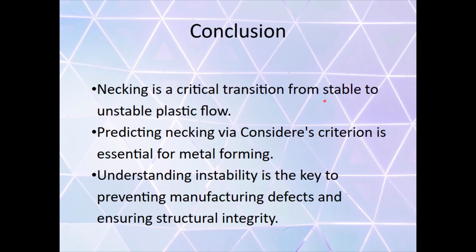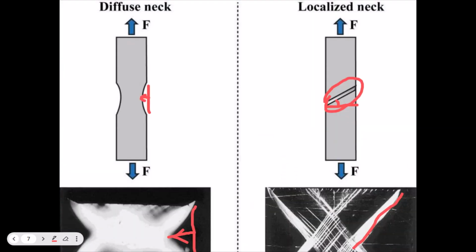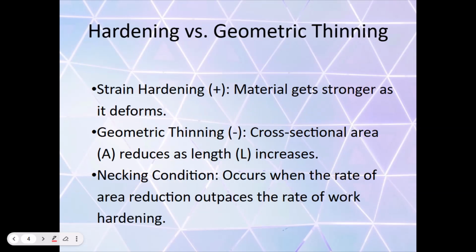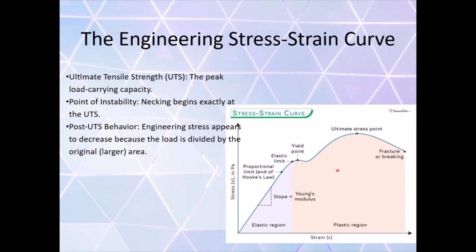So, the conclusion: necking is a critical transition from stable to unstable plastic flow. As I said on the stress-strain curve itself, it lies between this point and this point.